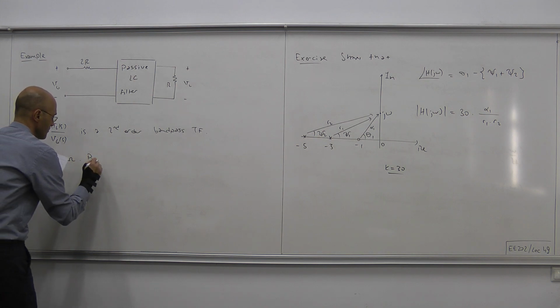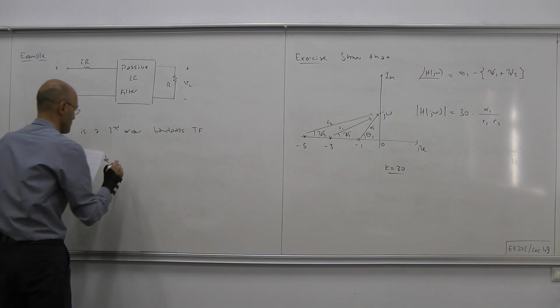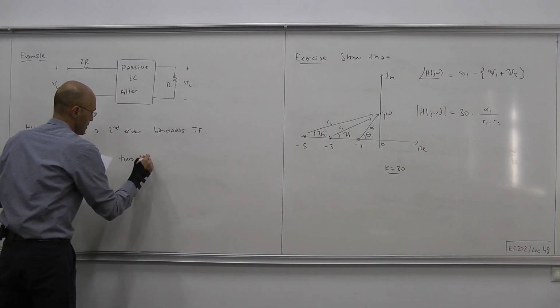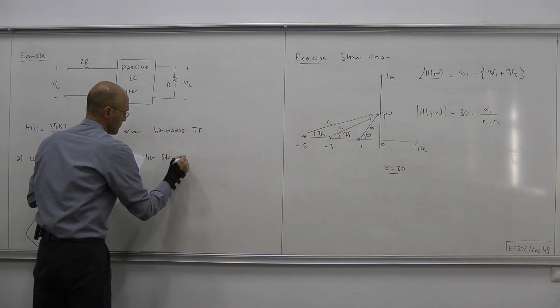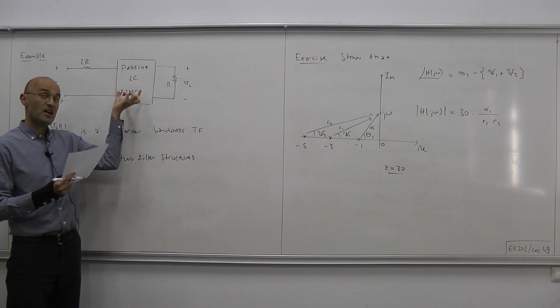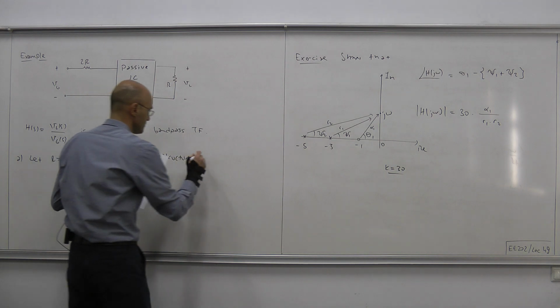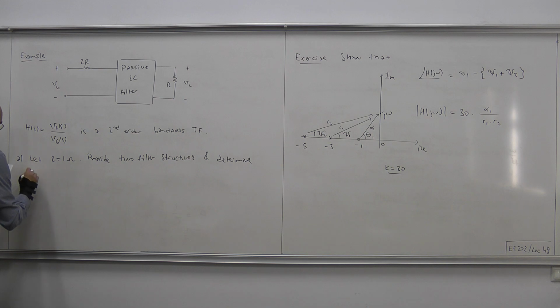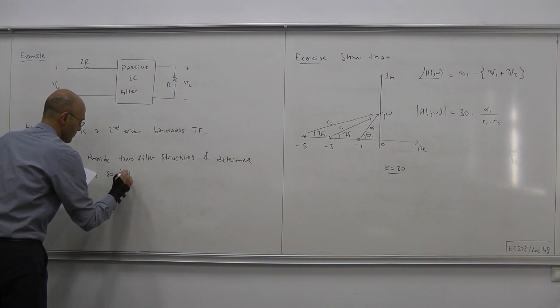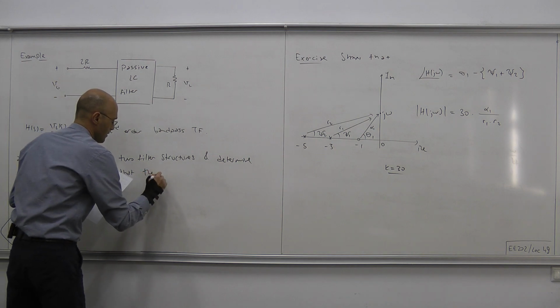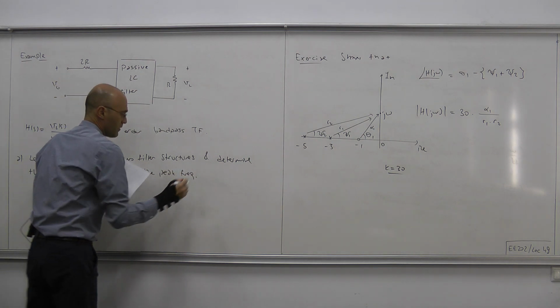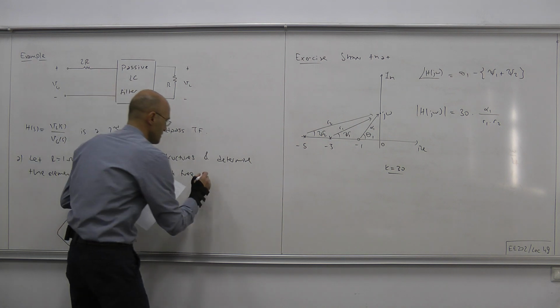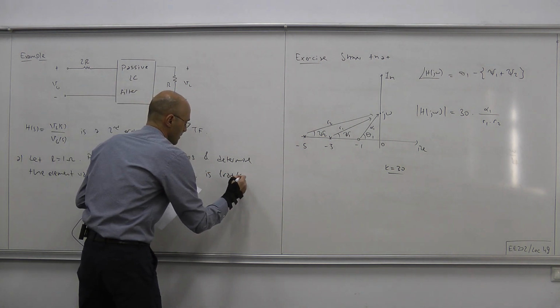A, provide 2 filter structures, namely design what's inside that box and determine the element values so that the peak frequency, or the center frequency, is 1 radian per second.